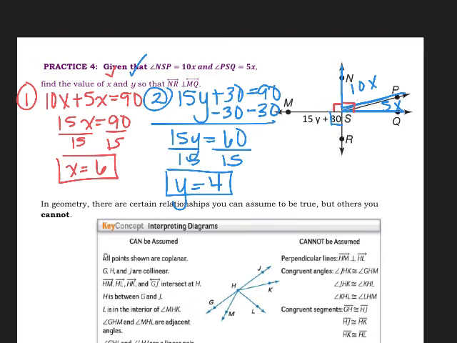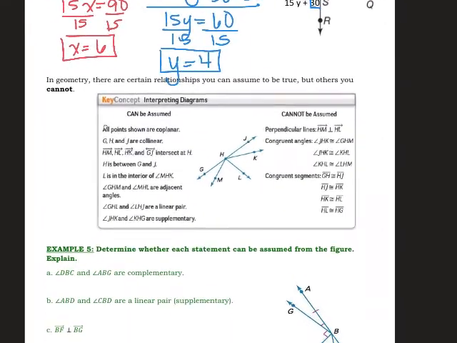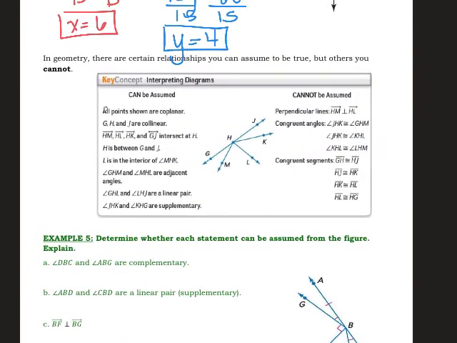Now, the last thing we're going to talk about is what we can assume and not assume. So again, in this class, we just can't assume whatever we want. Just because it looks like a square, we're not going to say it's a square, okay? So you need justification on what we have. Here, things you can assume: we can say that all the points are coplanar, that they're all on the same plane.